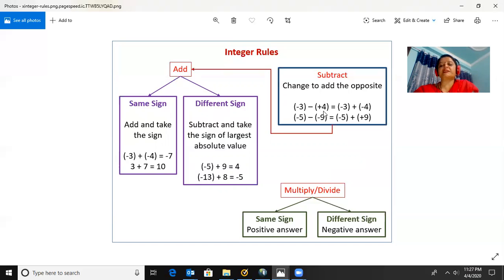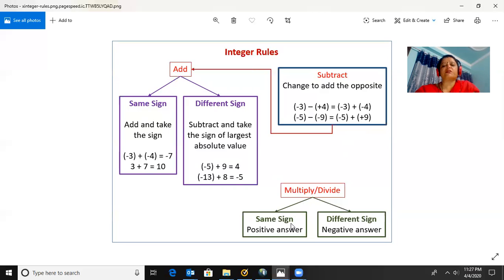Now -3 minus 4 can be added like we did earlier. -3 and -4, both are negative, answer will be -7. So when you are opening the bracket, you also have to see that minus and plus will become minus, and minus and minus will become plus. So -5 plus 9 will give you 4. So this is how to subtract integers.